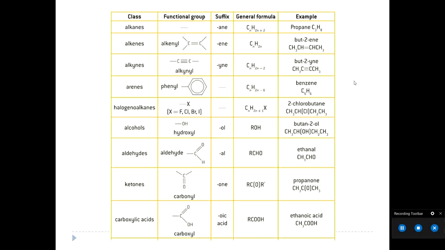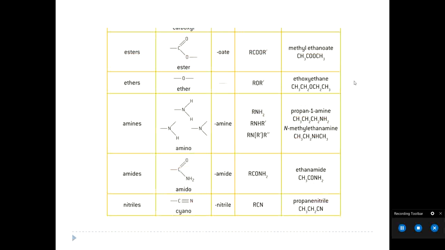It would be very beneficial to have as we go through the rest of this chapter to refer back to. And here are our esters, ethers, and our nitrogen containing compounds, as well as their suffixes, an example, and the general formulas for each.